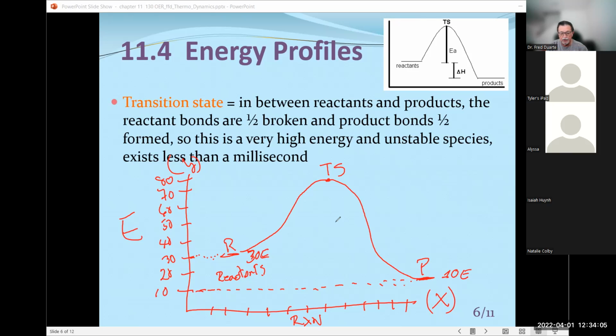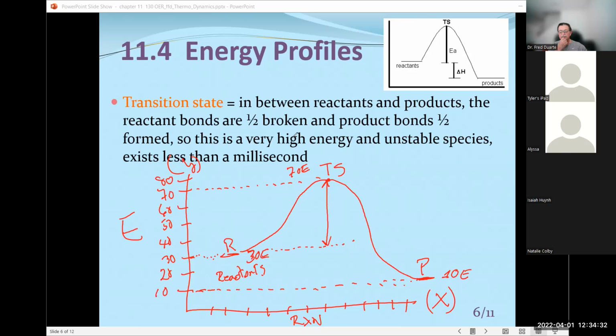Now, if we extrapolate where the reactant started off, at 30 units, okay, we extrapolate with a dotted line up to the point where the transition state is, and let's say we extrapolate across another dotted line, and we see that the transition state is at roughly 70 units of energy. Okay.